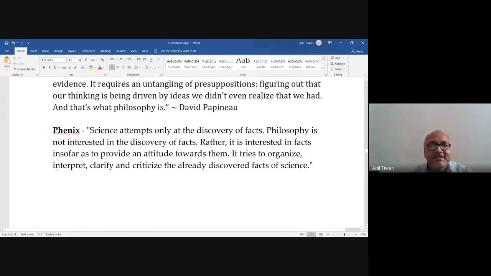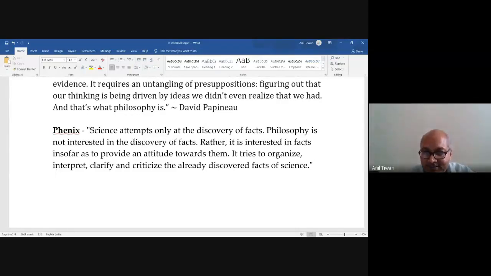Then look at what Phoenix is saying. Science attempts only the discovery of facts. Philosophy is not interested in the discovery of facts. I think he is not being fair. Of course, it is not interested in the discovery of facts, but certainly interested in facts.